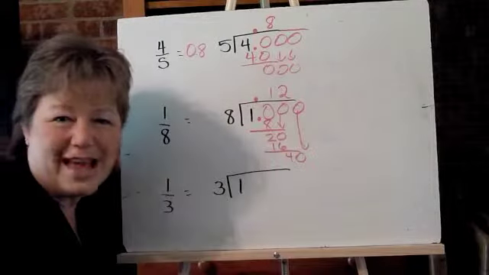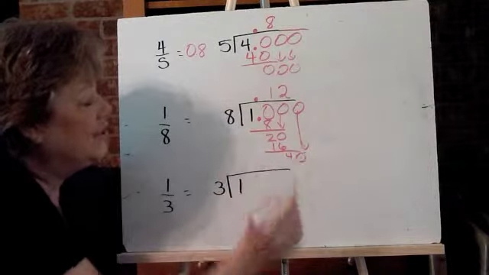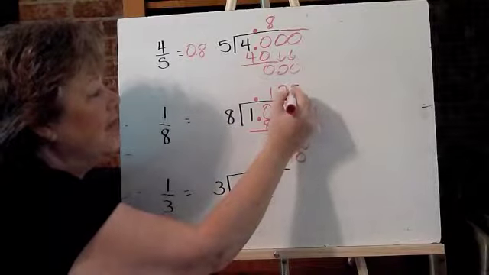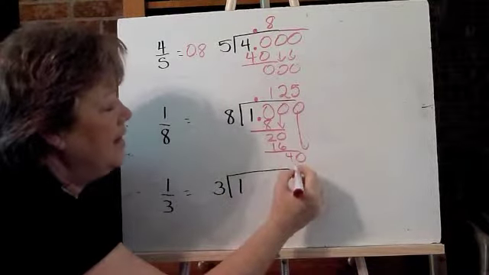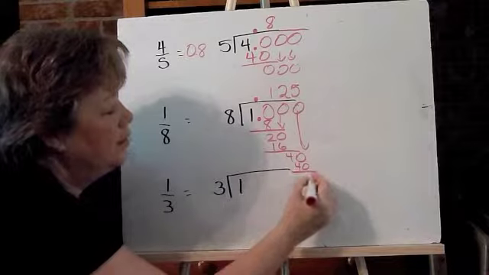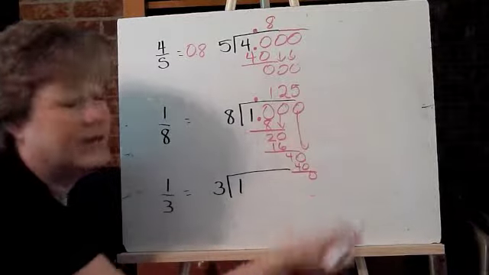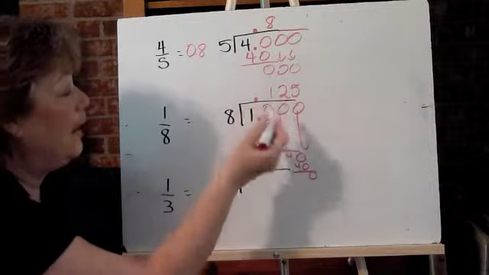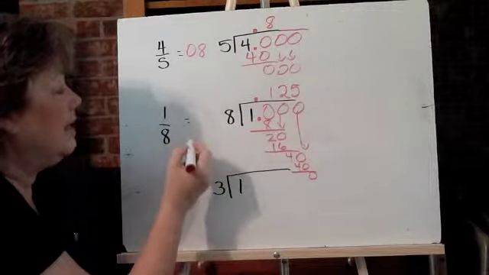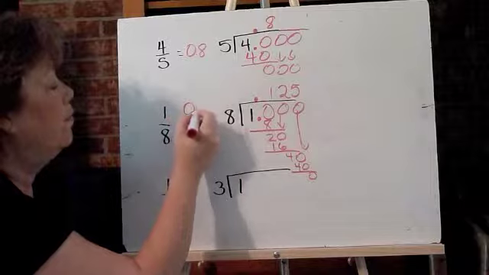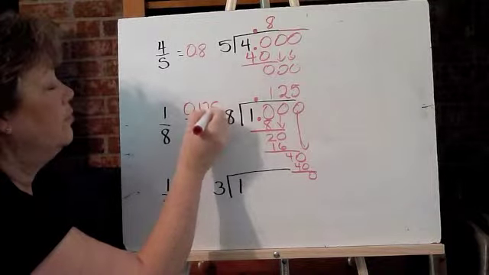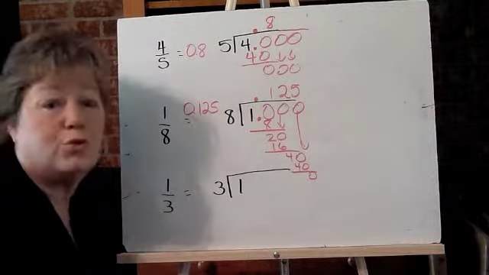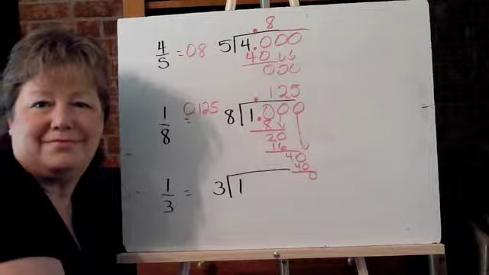I like what's happened here. 8 into 40 goes 5 times. 5 times 8 is 40, subtract. There's nothing here, so I don't need to go any further. So I know right now that 1/8 equals 0.125, or 125 thousandths. Okay?